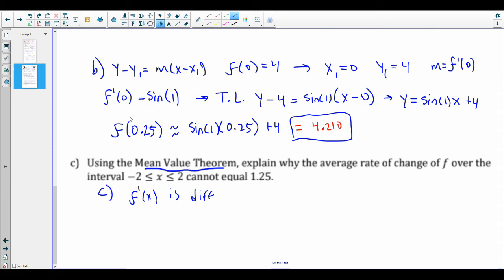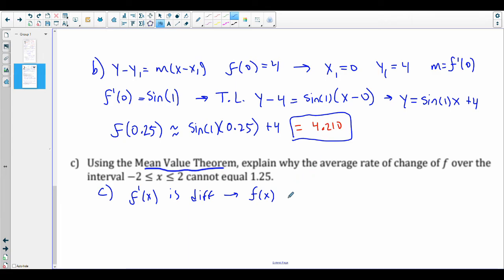So that means the second derivative exists. If f prime is differentiable, what that means is our function f must be continuous, okay? Because if f prime is differentiable, it's continuous, right? So f must also be continuous.